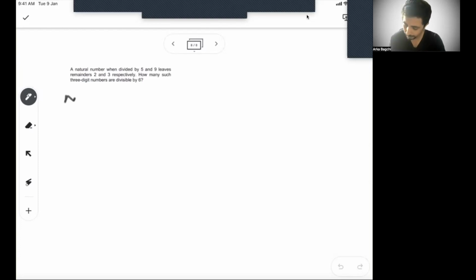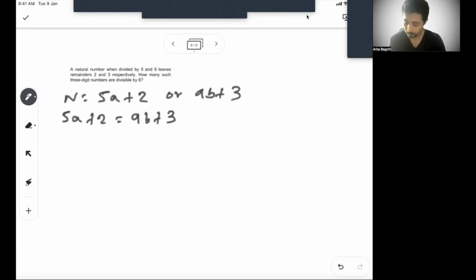So can I write n is equal to 5a plus 2, or 9b plus 3? Okay, so both of them will be equal. So doing the same thing, 9b plus 3. So from here I can write 5a is equal to 9b plus 1.